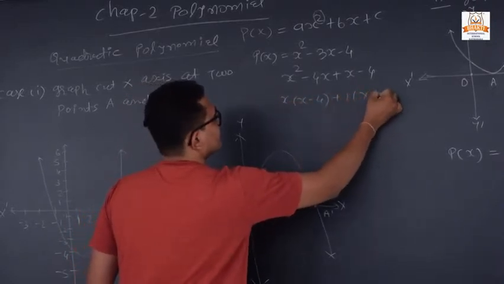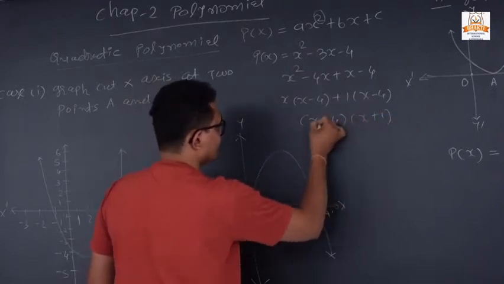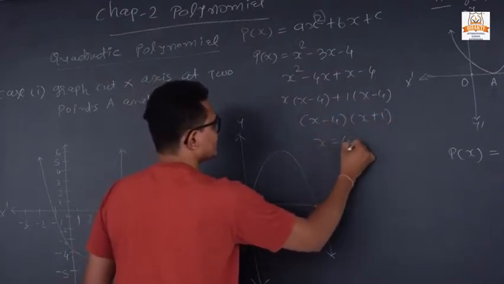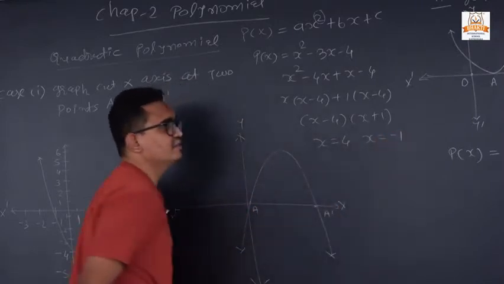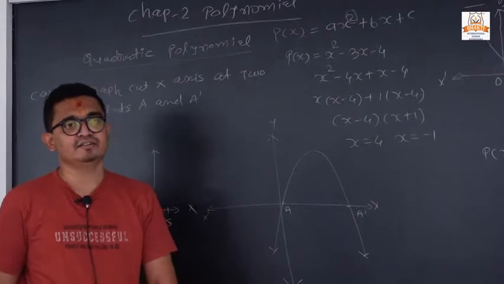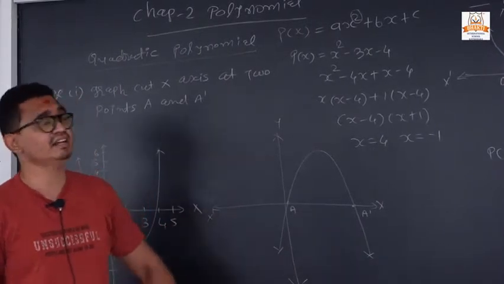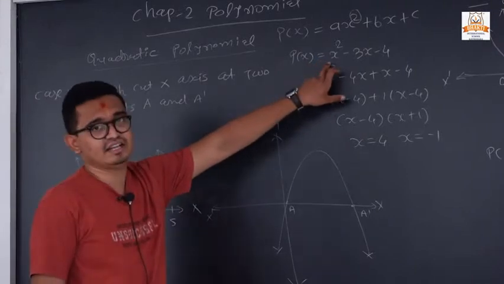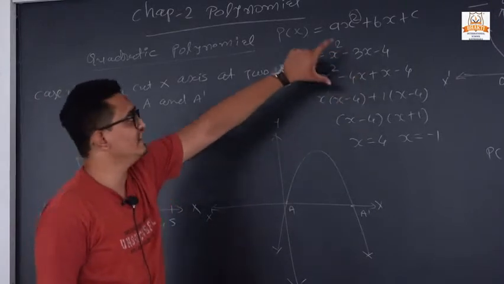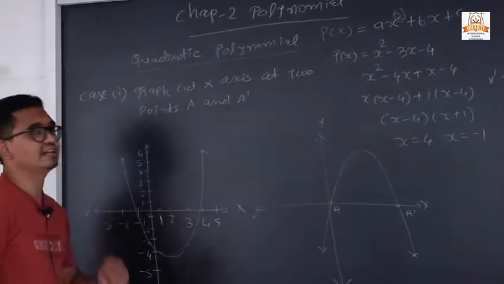What are its factors? We have two different values, x is equal to 4 and x is equal to minus 1. From this we can plot the graph. If you remember the last lecture, we take different values of x, find the points, make a chart, and from that chart we can draw its graph.